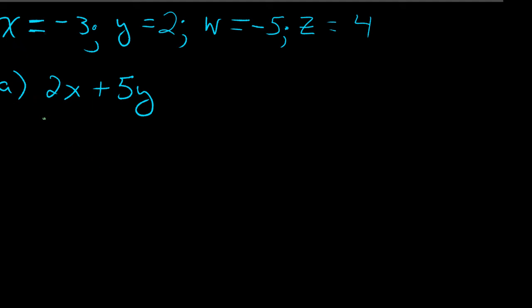So I can say wherever I see x, it is -3. And this says wherever I see y, it's the same as 2. Notice the parentheses. I always use parentheses when I'm putting something into a formula. Well, I should say always.